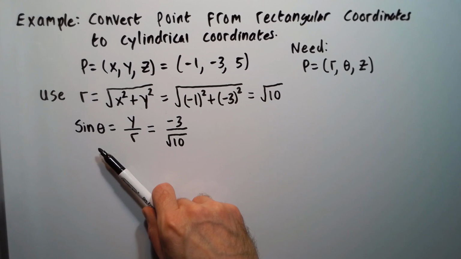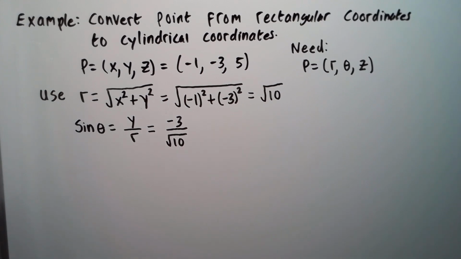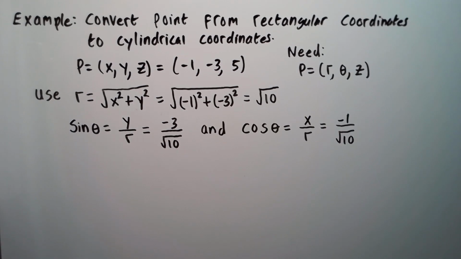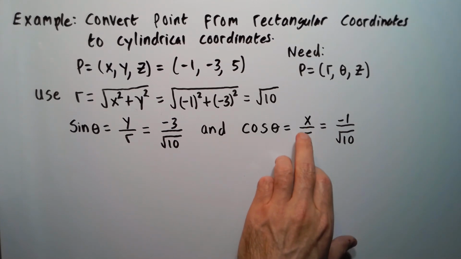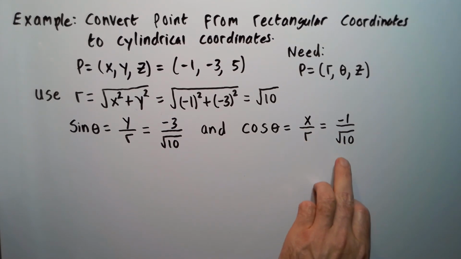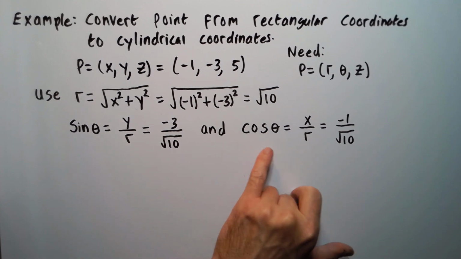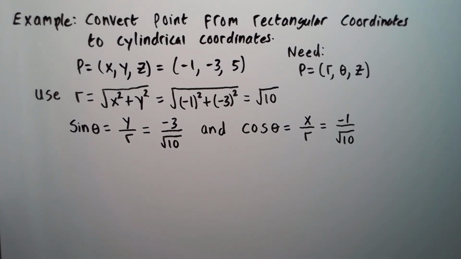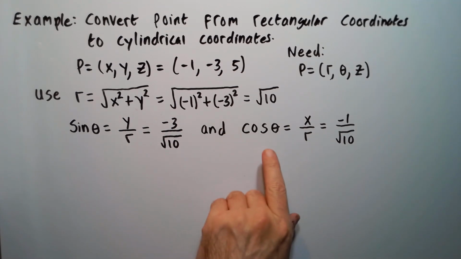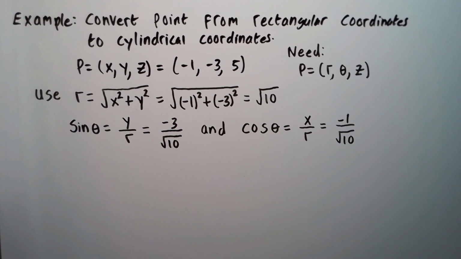Let's also do the same thing with cosine. Cosine is x over r, so it's -1 over the square root of 10. Both the sine and the cosine are negative, so we have to figure out which quadrant the angle must be in. I claim that forces the angle to be in the third quadrant.